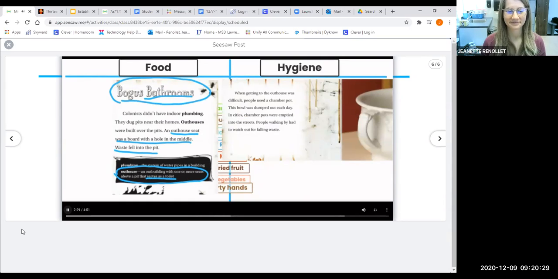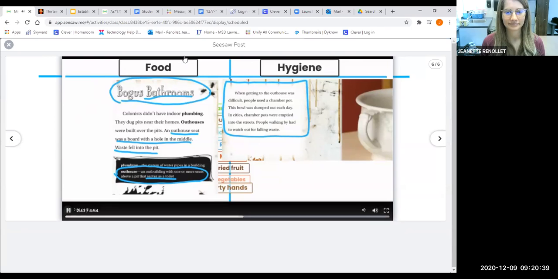And then on this page, it says that when an outhouse was difficult to get to, for instance, if it was really cold out or if it was storming outside, they would use a chamber pot. And it says it was dumped out each day. So it must have been a bowl used to go to the bathroom in.